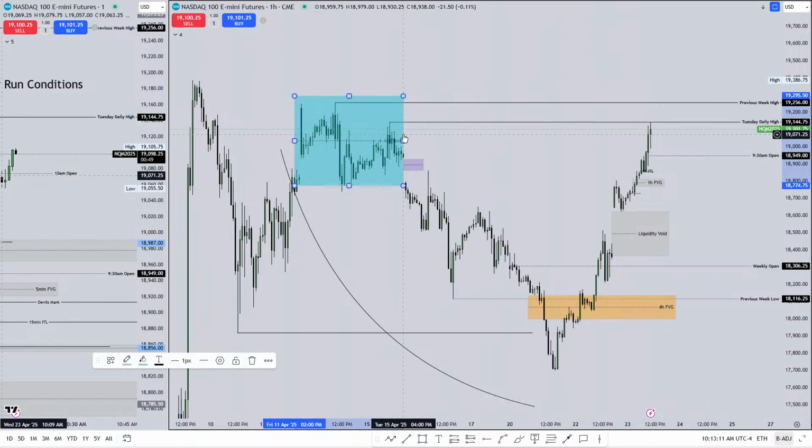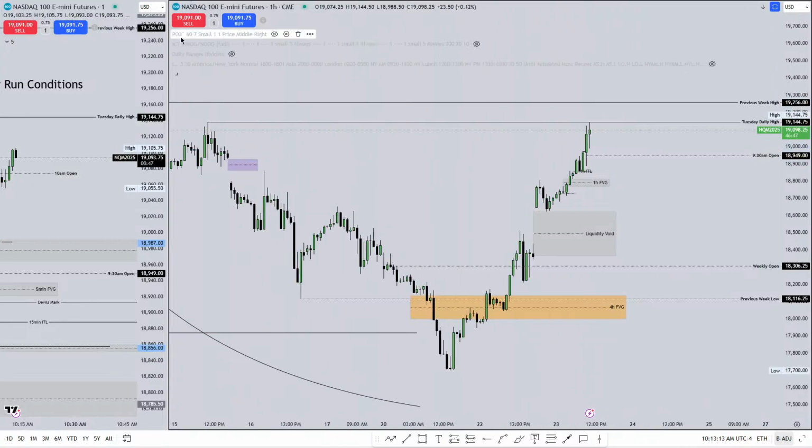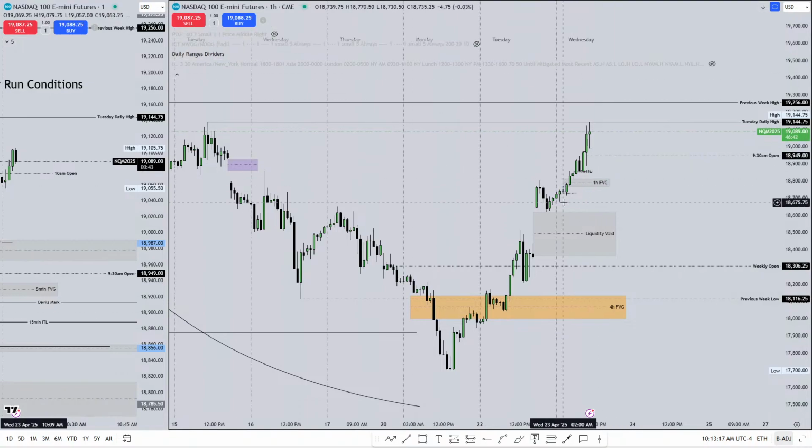The reason I wouldn't want to is because we've only gone higher since open. There's no manipulation lower. And I don't want to be a part of that move where the owner throws a bone, the dog's going to go chase it, right? They're throwing a bone higher, people are going to try and chase this higher, when we were leaving all of these imbalances below, especially this liquidity void, right?